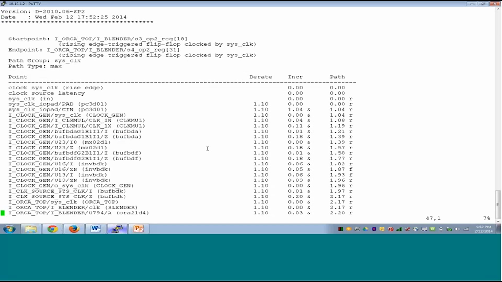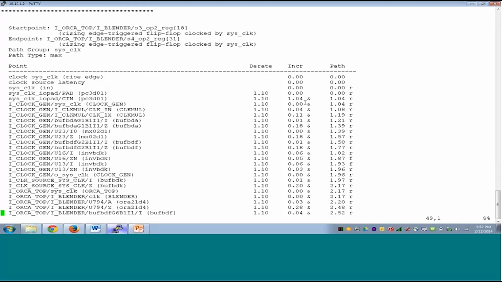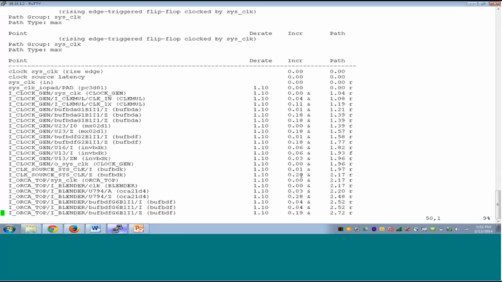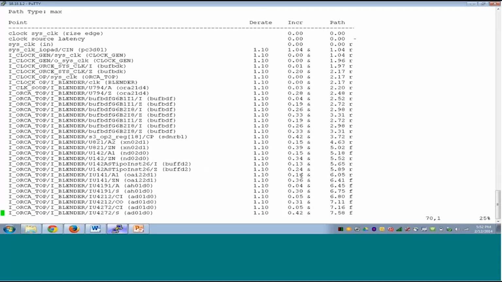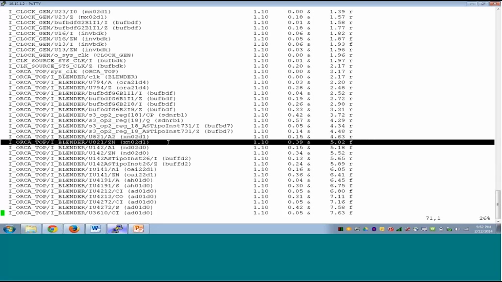Now I have given the late derate to be 1.1, so it will multiply all such timing. So this is already multiplied timing. It is showing me the delay after multiplication. It multiplied the launch clock edge, plus it multiplied all the data path by 1.1.